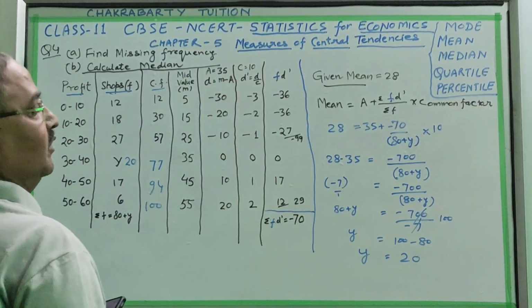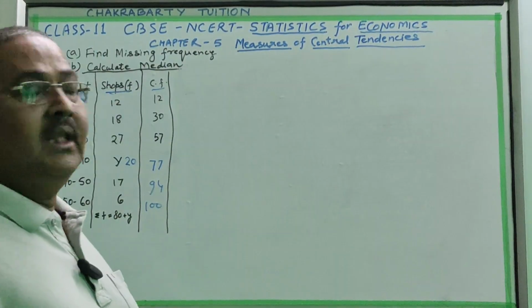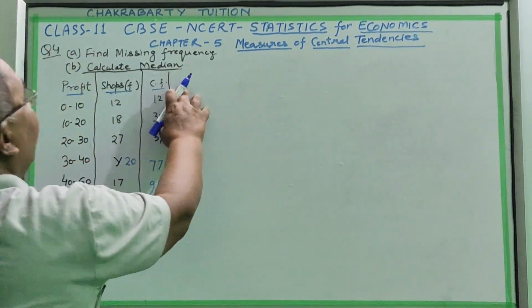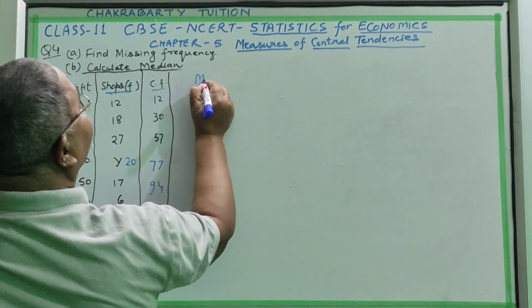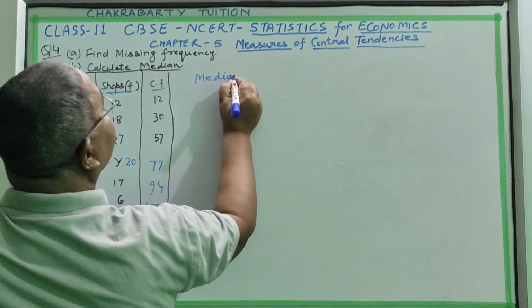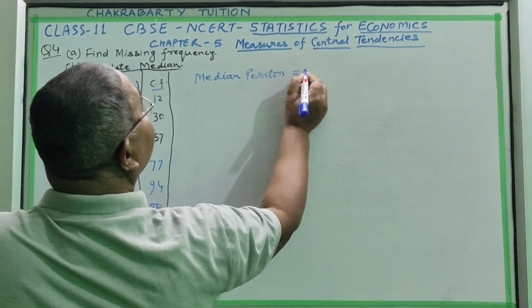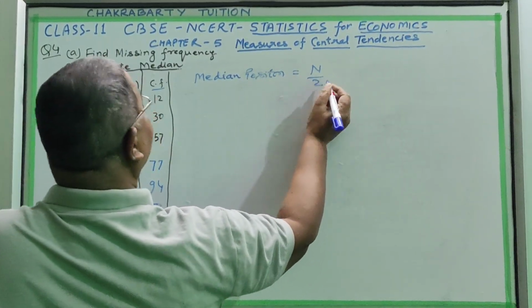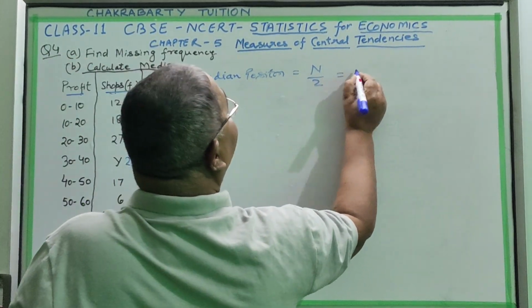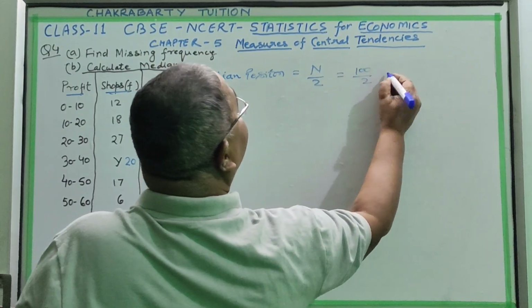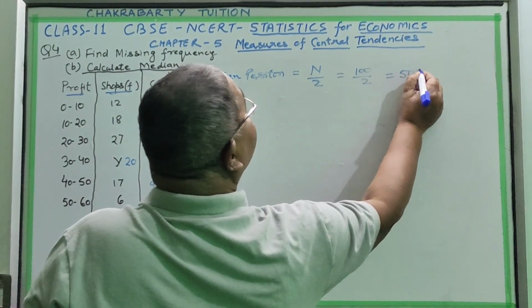Now second part we are going to do. So for median we require the median position first. Median position, how it is required, n upon 2 we will make. So n is 100, 100 upon 2 is equal to 50, 50th item.